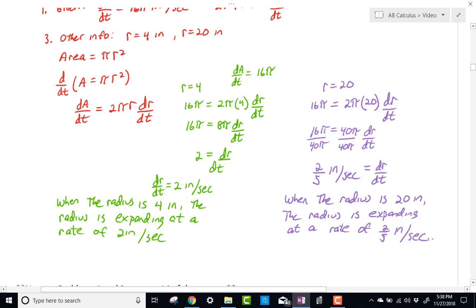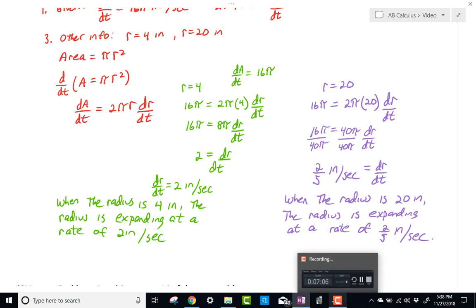So it's expanding at a much slower rate than it did when the radius was 4 inches. Okay? And that's what a related rate is. We're relating the rate of the radius to the rate of the area.